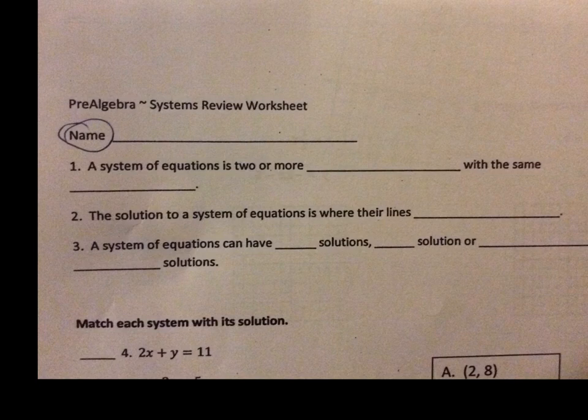So anyway, a system of equations is two or more lines with the same point. For number 2, the solution to a system of equations is where their lines cross or intersect.